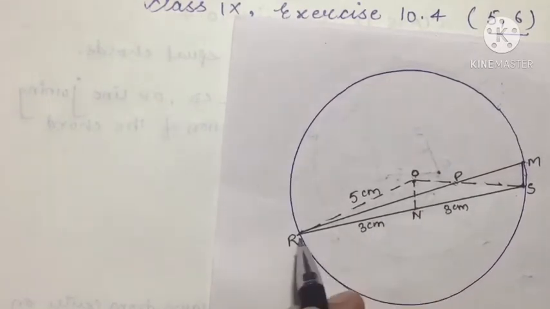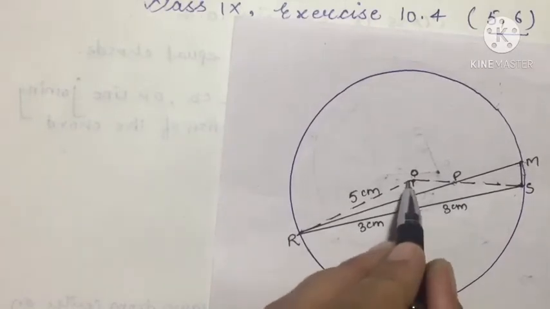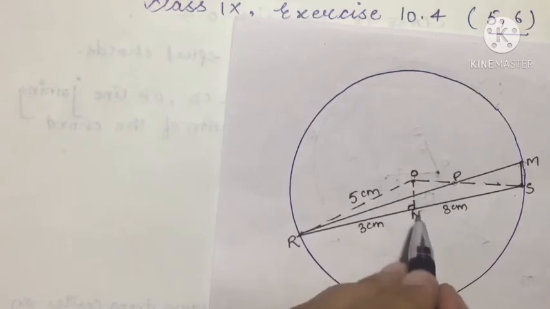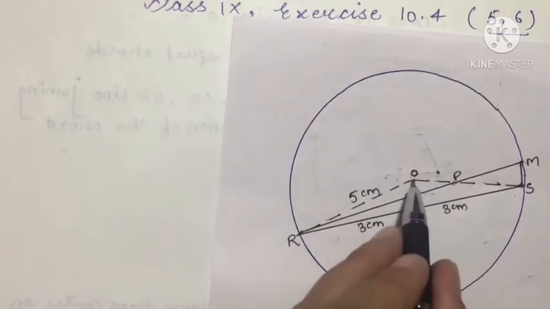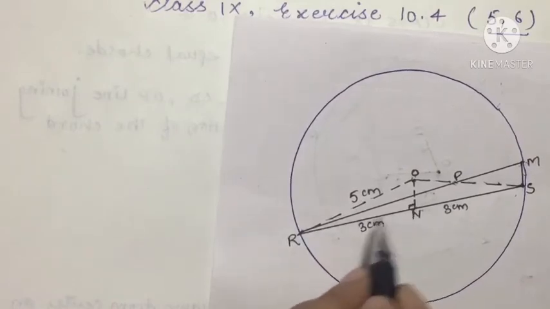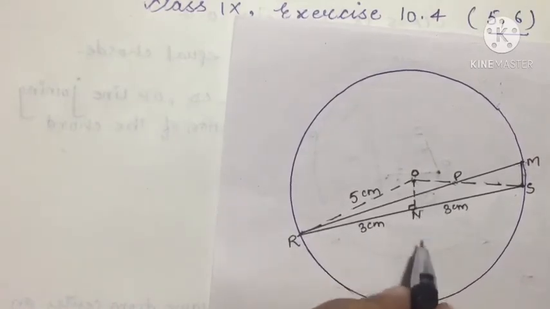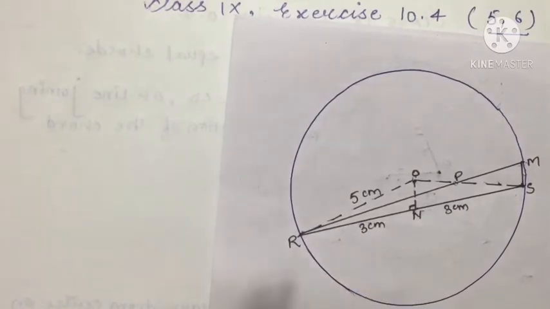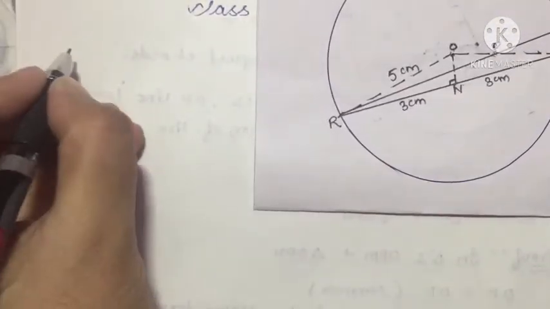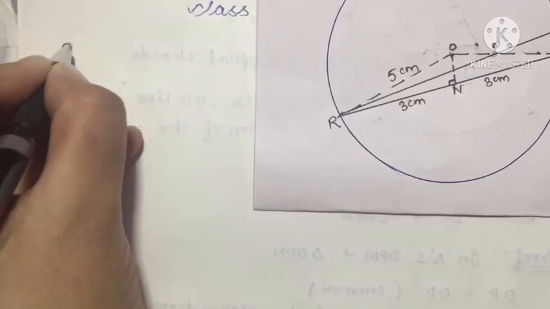In triangle ORN, because we have drawn a perpendicular, this has become a right angle triangle. In ORN, the hypotenuse is 5 and the base is 3. Can we find ON here by using Pythagoras? We will find it out. Let me show you. Question number 5.